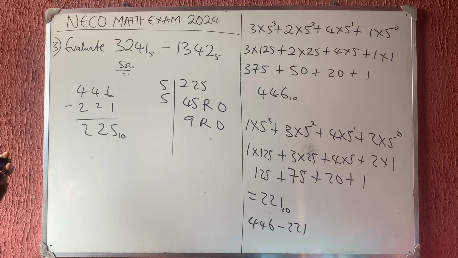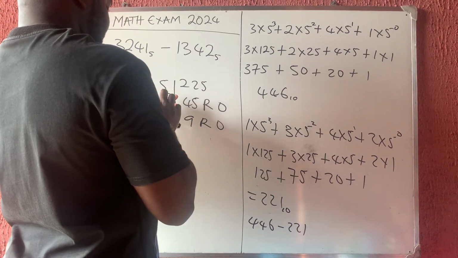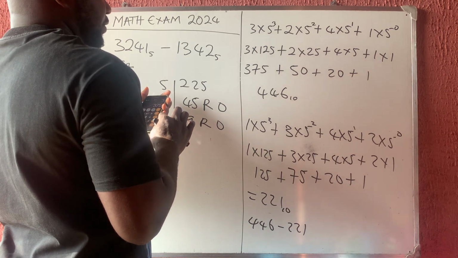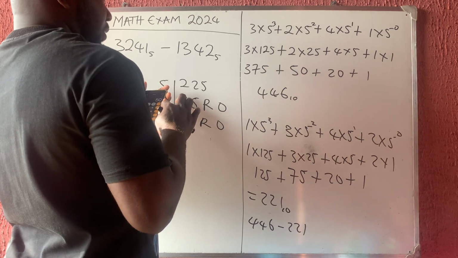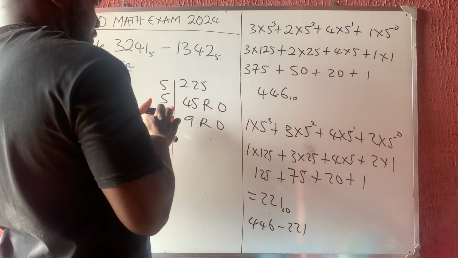There should be an error somewhere. Let's check out where the problem is. 3 times 125, I have 375, plus 50 plus 21, 446, correct.